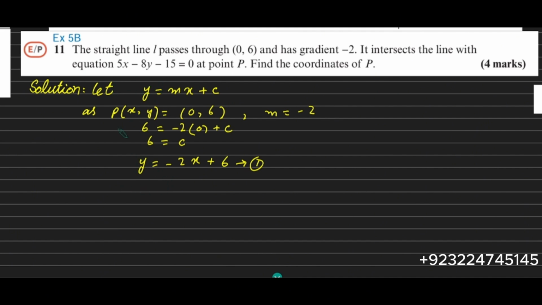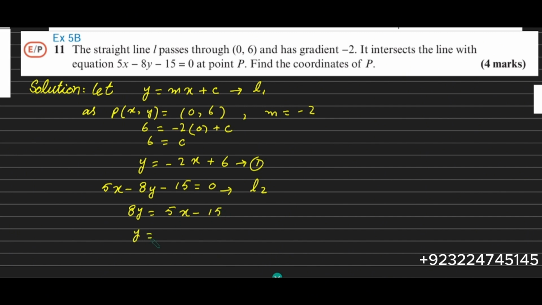This is say L1, and the second line we are given is 5x minus 8y minus 15 equal to 0. This is L2. We write it just like y equal to mx plus c. Then we will write 8y equal to 5x minus 15.